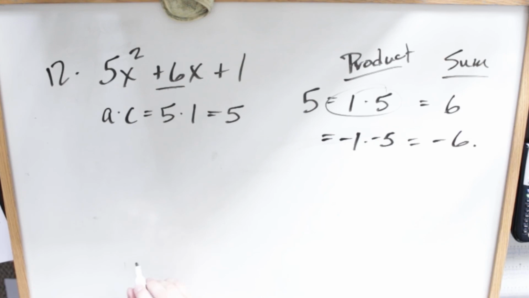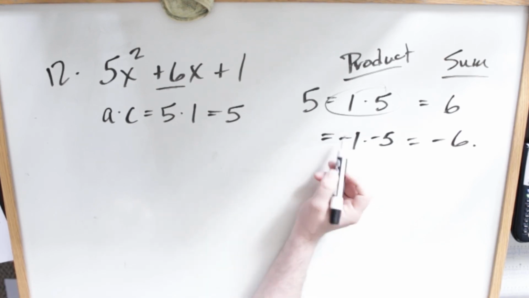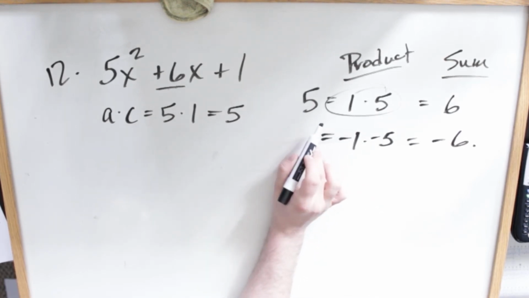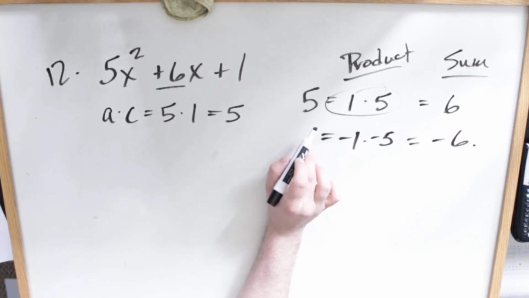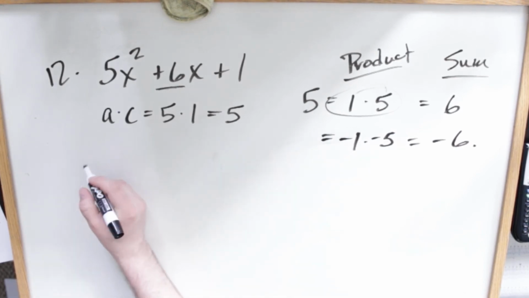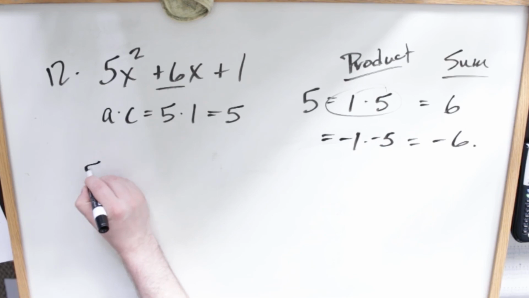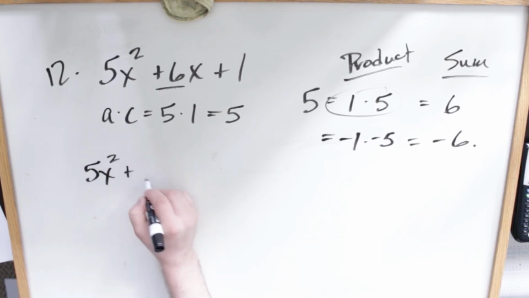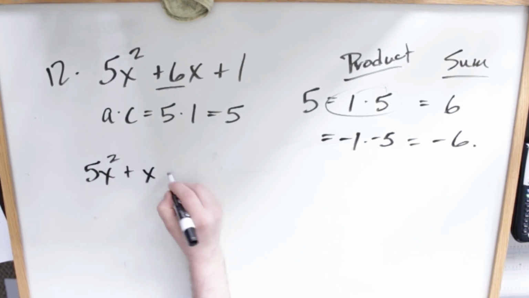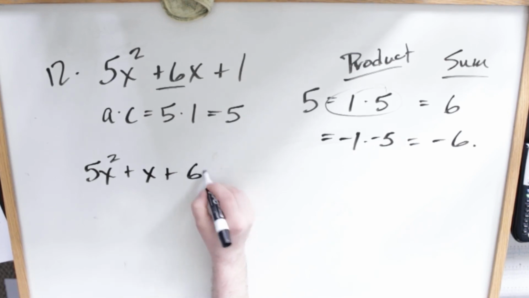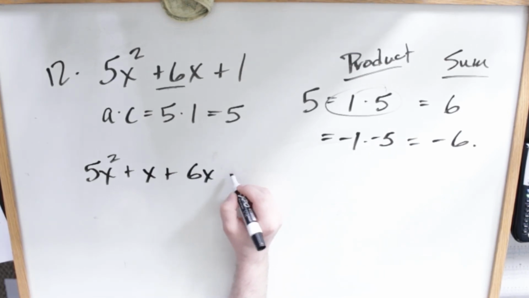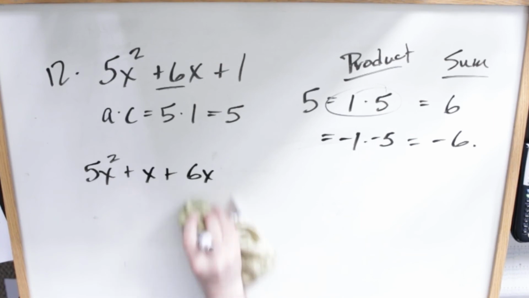Now here's the thing. I mentioned earlier how you have to put it in the correct order when you go through the grouping. You could do it like this. 5x squared plus x plus, well, sorry, plus 5x. That's my fault.